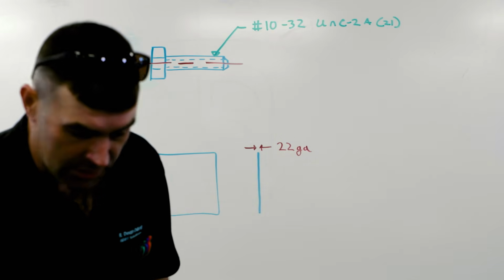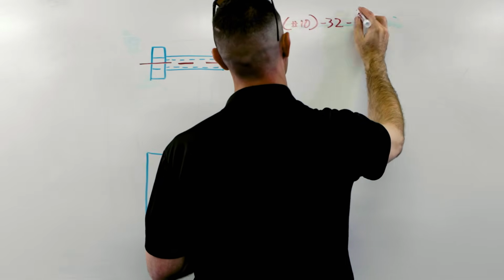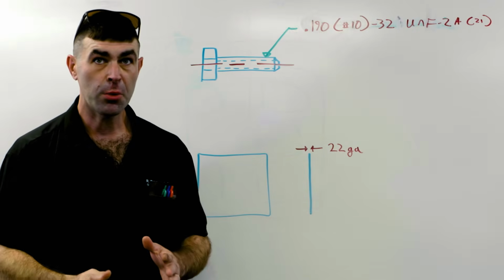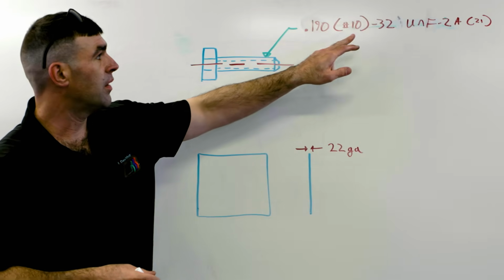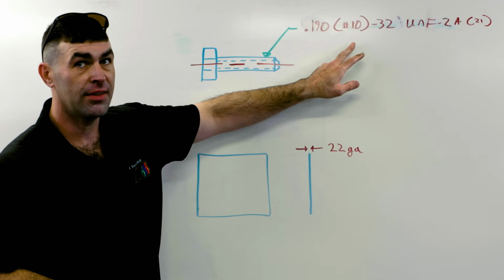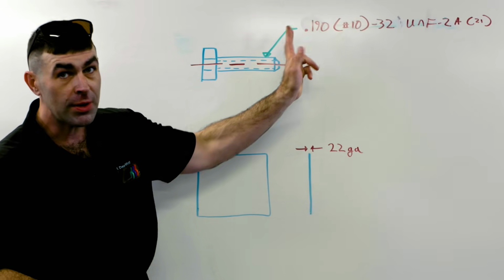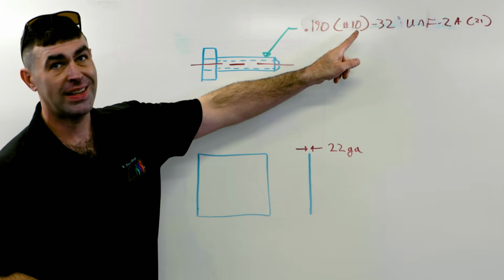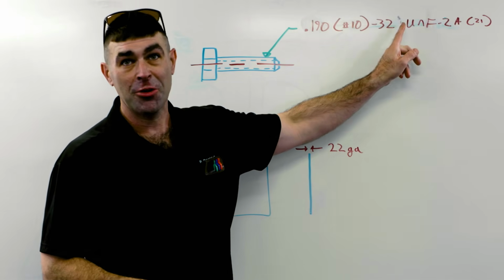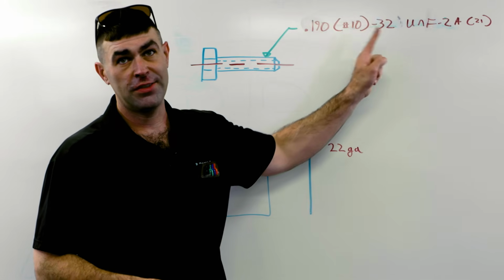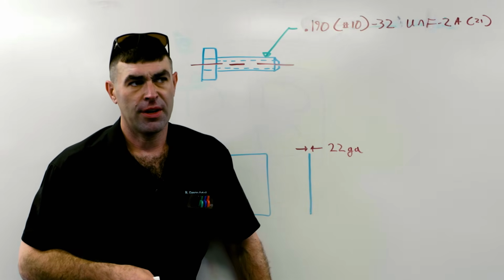So to make this conform, we write the actual diameter, then in parentheses, the number, right? This makes it more readable for people that are looking for that number 10. And then the threads per inch, and then I almost messed up here. I was going to write UNC. 32 is going to be UNF, which is standard, if I can recall, for a number 10 thread.